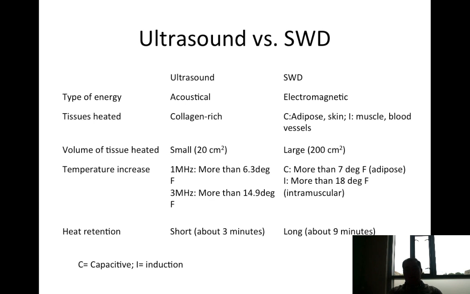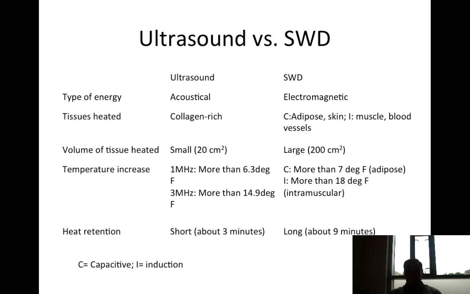If you go back and listen to the ultrasound lectures, you can tell the difference here between ultrasound and shortwave diathermy. So the ultrasound energy is obviously acoustical versus diathermy is electromagnetic. Ultrasound heats collagen-rich tissues versus, and you see the C and I abbreviations under shortwave diathermy, that's capacitive or induction.